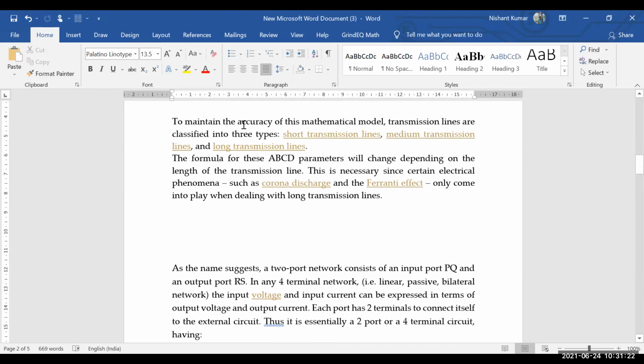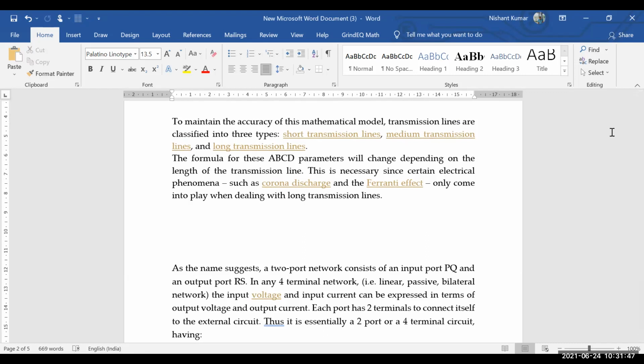We have studied these ABCD parameters in network theory also, in the part on two-port networks. To maintain the accuracy of the mathematical model, transmission lines are classified into three segments: short, medium, and long transmission lines. The formulas for these ABCD parameters will change depending on the length of the transmission line.